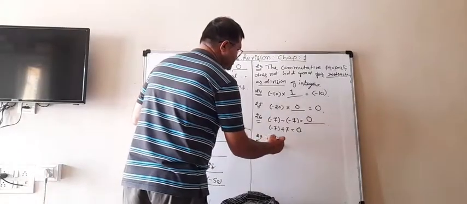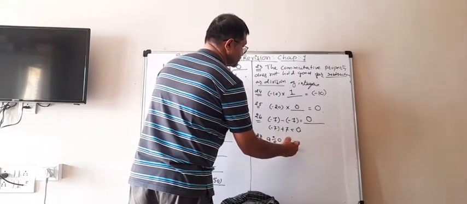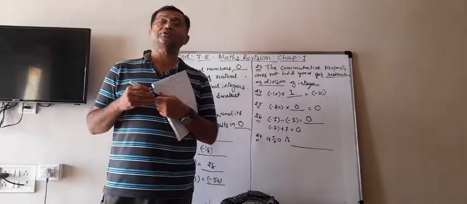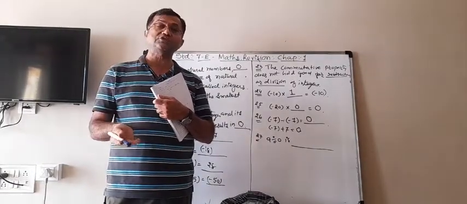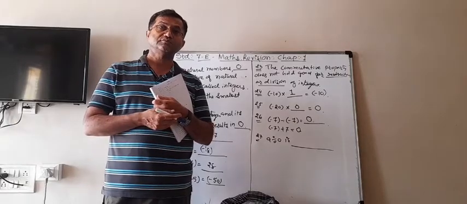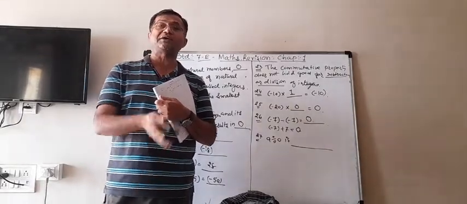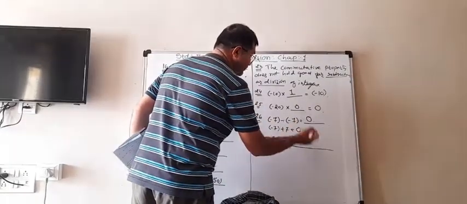A divided by 0 is blank. Here most of the students will write down 0. But A divided by 0, is it possible? We know that division by 0 is not possible, not defined. So you can write down not possible or not defined.